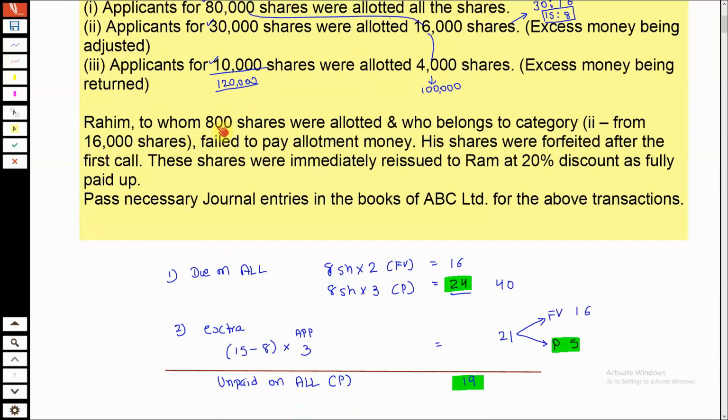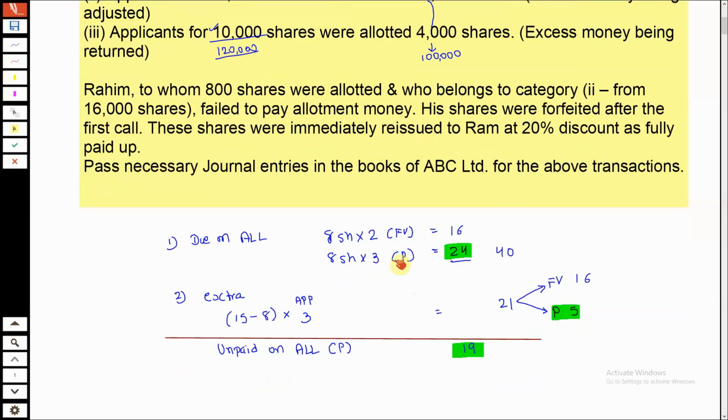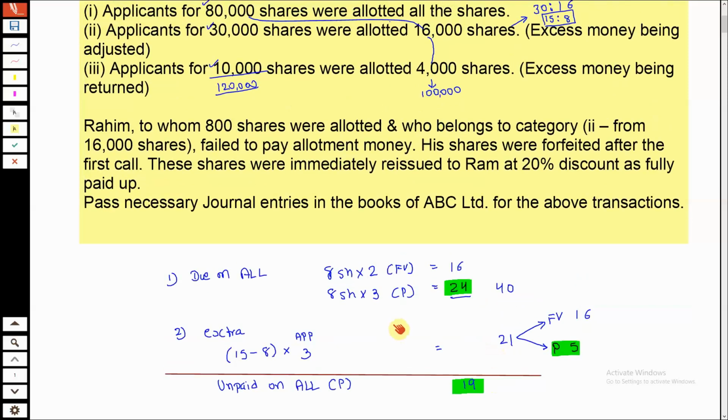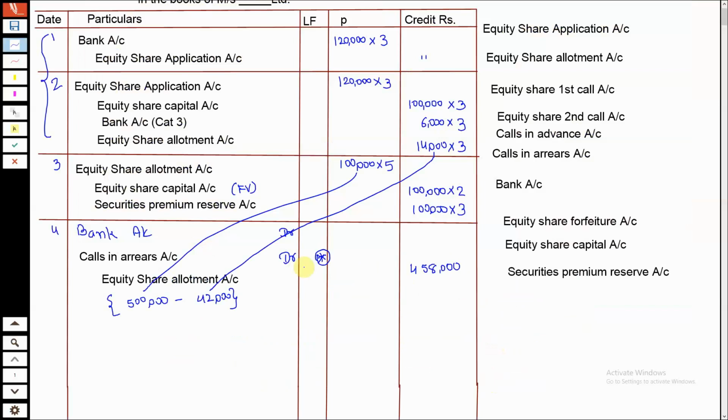नाउ लुक हियर, रहीम के पास कितने शेयर्स है? 800 शेयर्स है. तो इन अदर वर्ड्स 2 zeros विल गेट एडेड इन दिस. तो हम बोल सकते हैं रहीम के अनपेड पैसे 19 में 2 ज़ीरो ऐड कर दो, दैट इज़ 1900 विल बी द अनपेड अमाउंट बाय रहीम. तो here in calls in arrears I will write 1900 and in the bank I will receive the balancing figure.